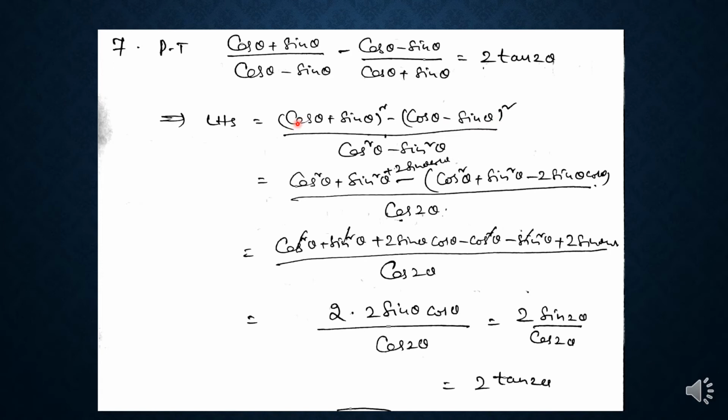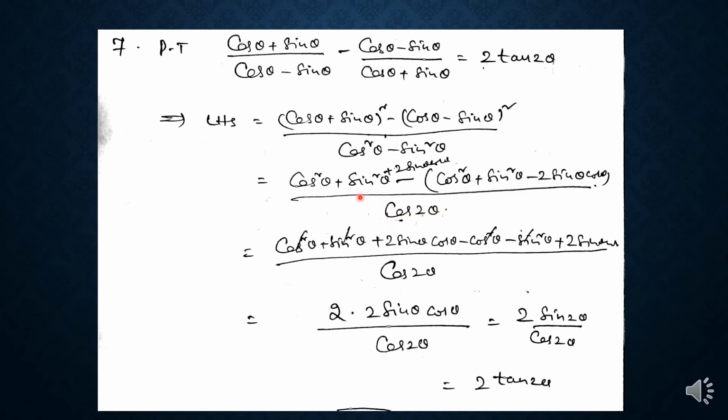This is in the form of (a plus b) whole square; expanding, a square cos square theta plus b square sin square theta plus 2ab, 2 sin theta cos theta, minus, this is in the form of (a minus b) whole square, which is a square plus b square minus 2ab, that is cos square theta plus sin square theta minus 2 sin theta cos theta, divided by cos square theta minus sin square theta, which can be written as cos 2 theta.